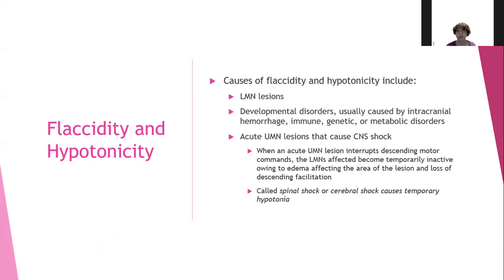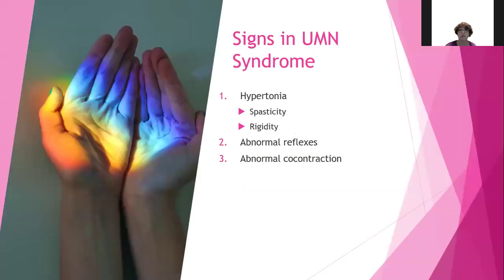And then later on, a week or more later, they're going to have spasticity or hypertonia. So hypertonia is either spasticity or rigidity, so velocity dependent or velocity independent. You have abnormal reflex, usually hyperreflexia after that spinal shock period, and abnormal co-contraction because we lose that selective motor control.